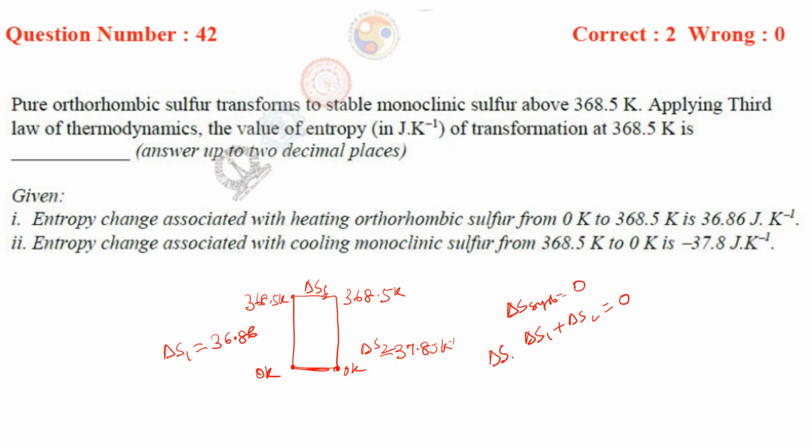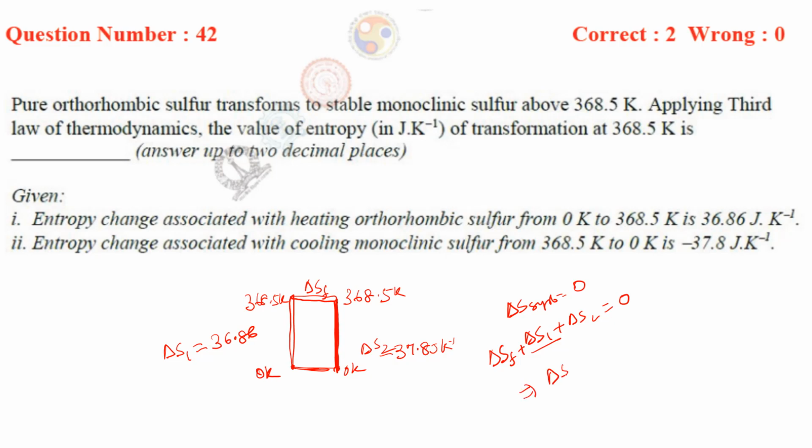So delta S transformation plus delta S1 plus delta S2, to get back to the original position, equals 0.